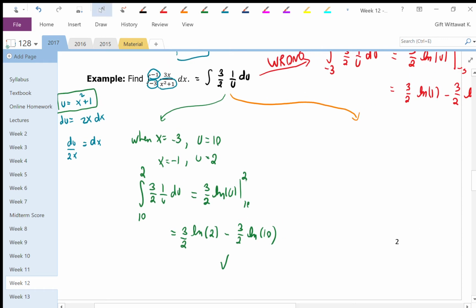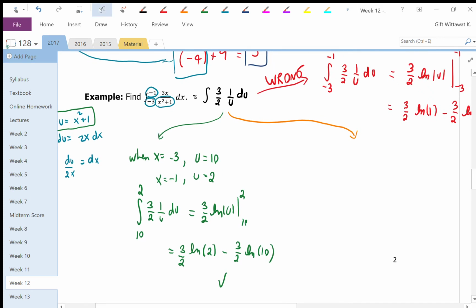I'm just going to go ahead and integrate. My 3/2 of 1 over u, if I integrate, is going to be 3/2 of log of u. It goes from somewhere to somewhere. I see that it goes from -3 to -1, but that's the value of x.